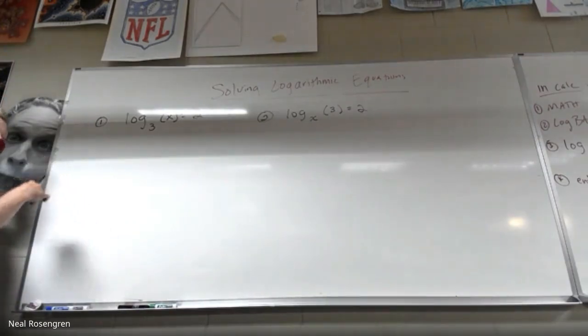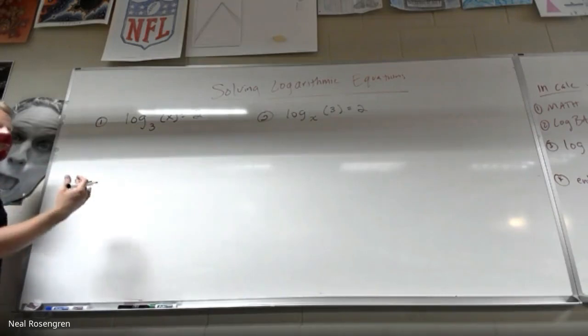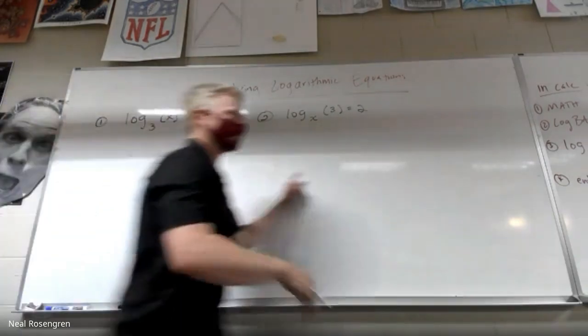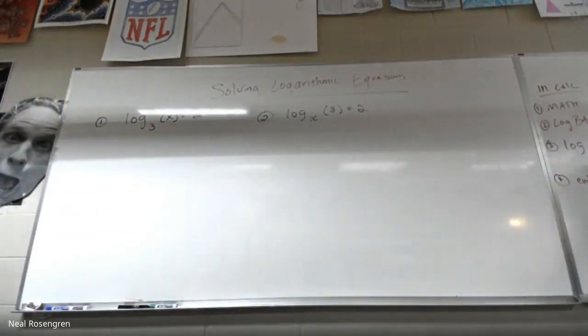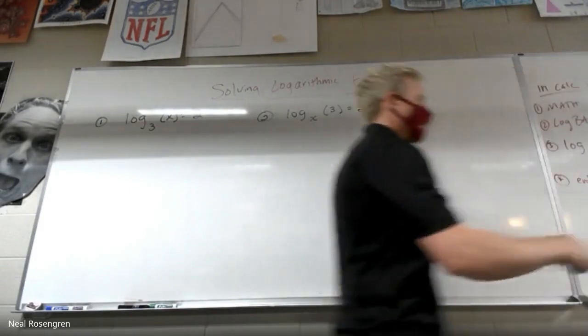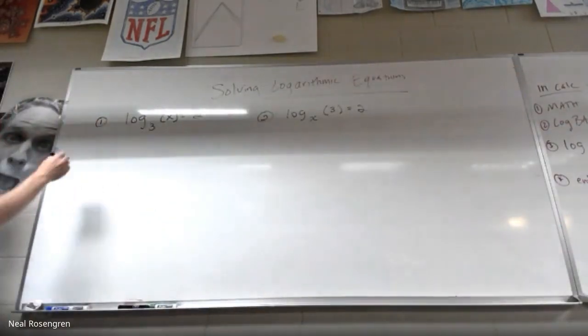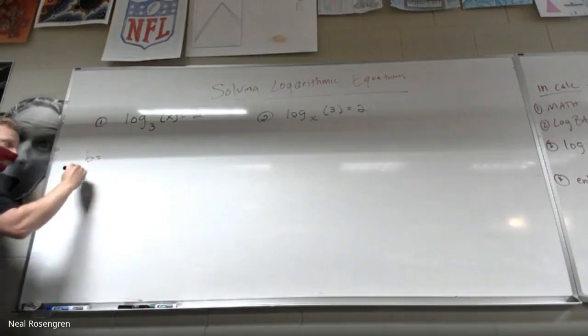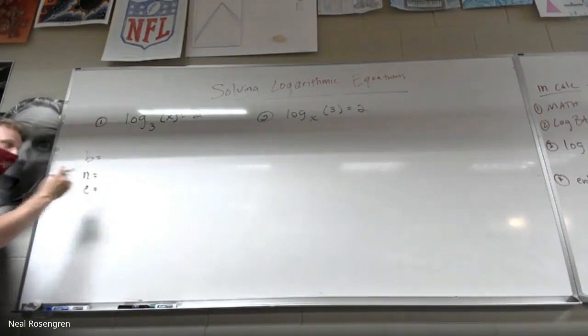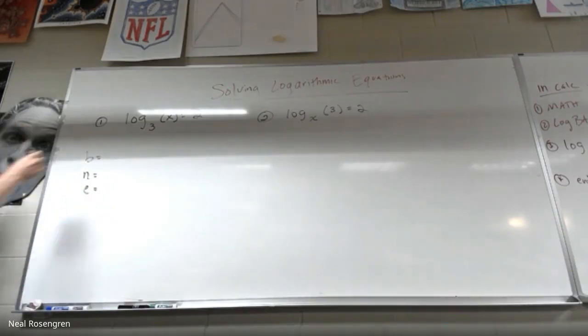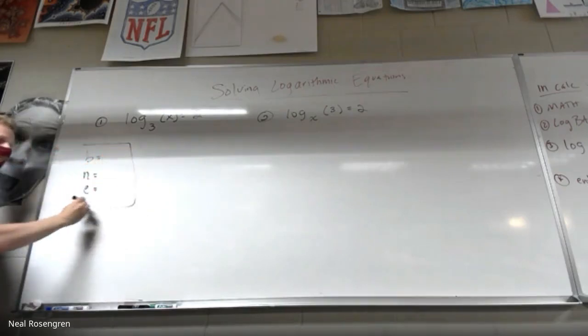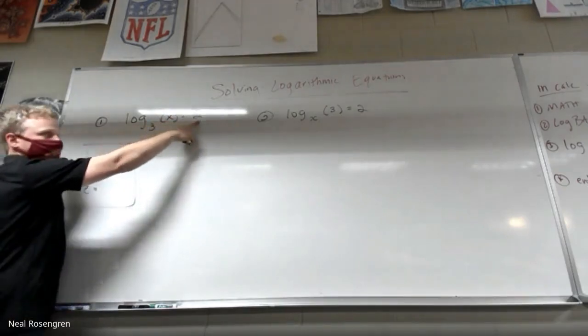Now, what I think might be helpful, since we're in log Ben, is that we've got a b, an n, and an e. If we can figure out what those are, and maybe it's something you write down, maybe it's something you just look for in your mind, that's cool too. I like to put them in the order that they're written from left to right.